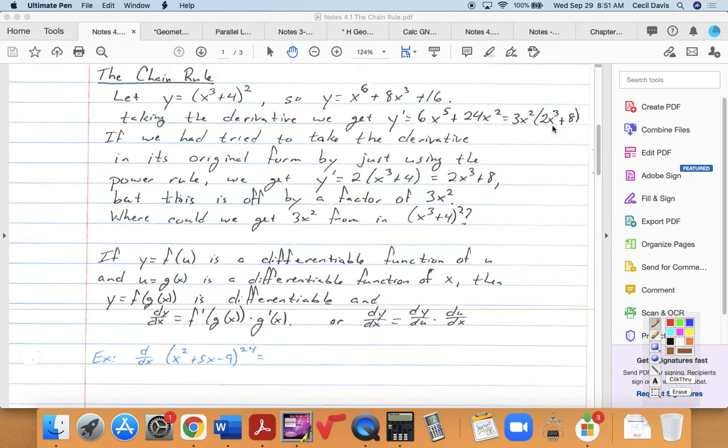What's it missing? The 3x squared. You bring the 3 down from the x cubed and the x then squared. So what are you doing with this inside part? You find the derivative of the inside. We can treat it like we normally would, but then we have to multiply it by the derivative of the inside part in order to get the correct derivative.